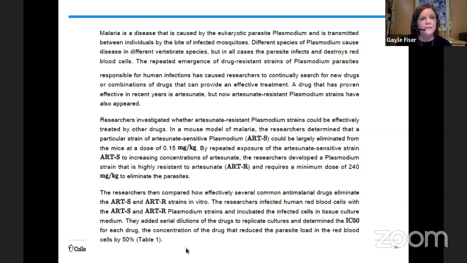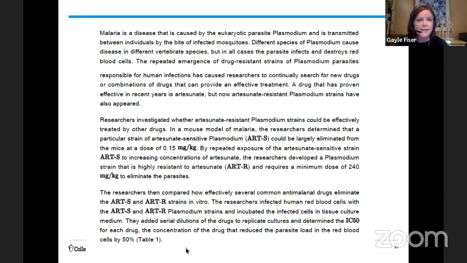All right. Malaria is a disease that is caused by the eukaryotic parasite Plasmodium and is transmitted between individuals by the bite of infected mosquitoes. Different species of Plasmodium cause different disease in different vertebrate species, but in all cases, the parasite infects and destroys red blood cells. The repeated emergence of drug-resistant strains of Plasmodium parasites responsible for human infections has caused researchers to continually search for new drugs or combination of drugs that can provide an effective treatment.